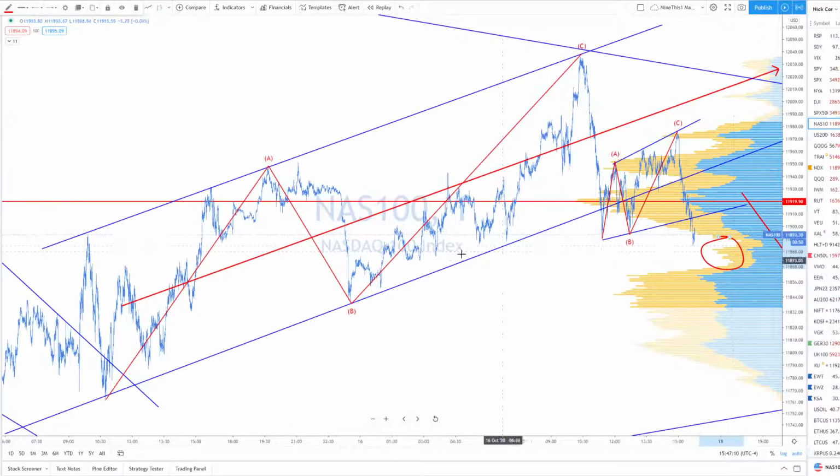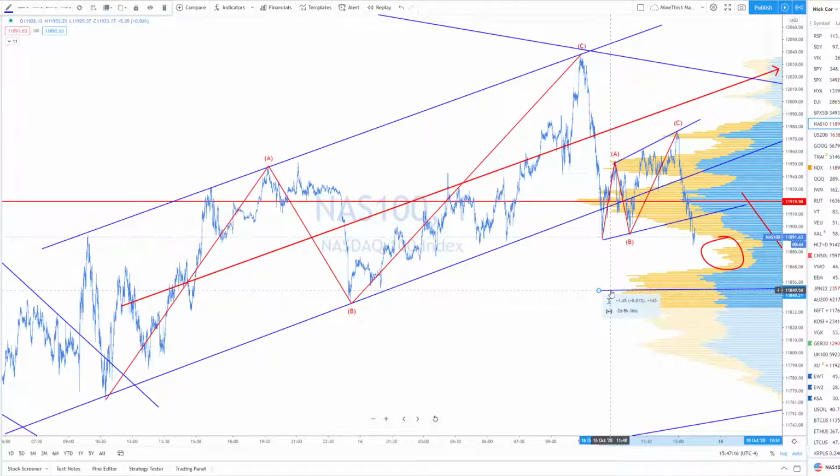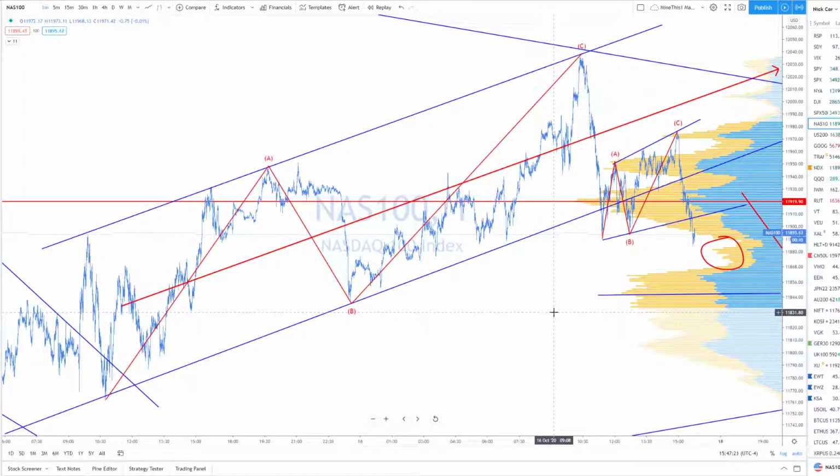If that void goes, then the next likely area would be somewhere here, right? And again, if and when it does, you got to take profits, right? You can't hold on to it too long.